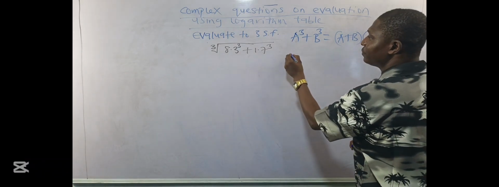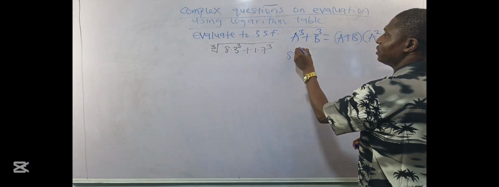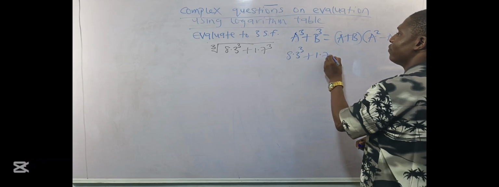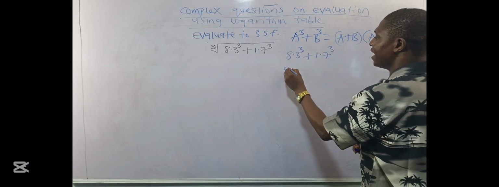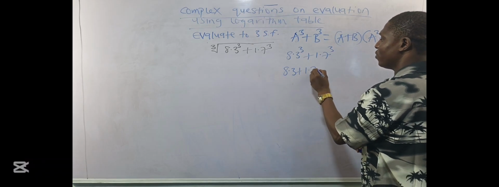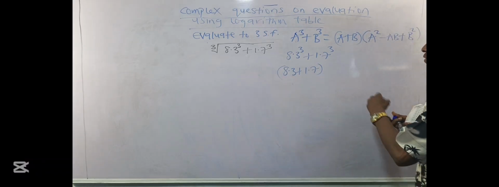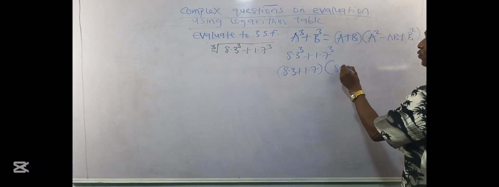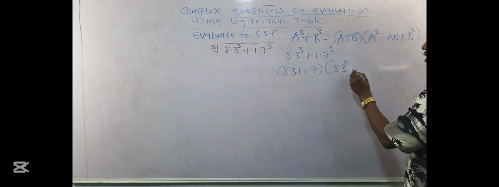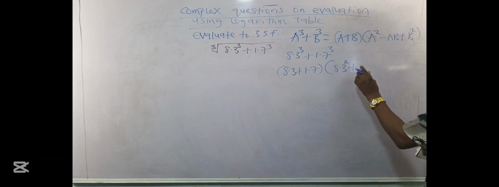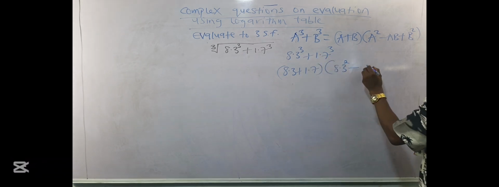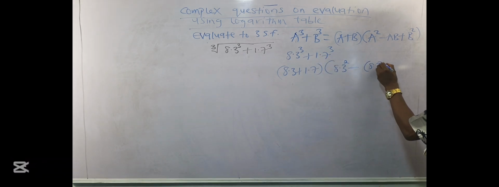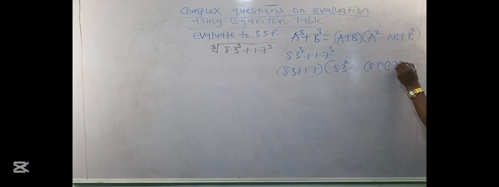So having 8.3 cube plus 1.7 cube, this will give me 8.3 plus 1.7 in brackets, 8.3 square minus, open brackets, 8.3 times 1.7, plus 1.7 square.